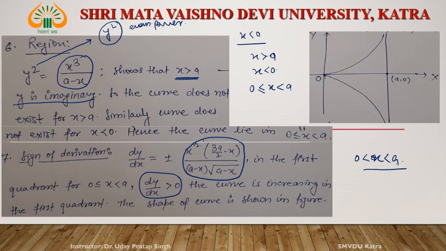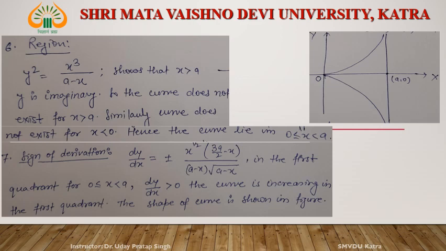See, this x equal to a is the asymptote of the curve. The curve passes through the origin, and the x-axis is the tangent. Now find some points.